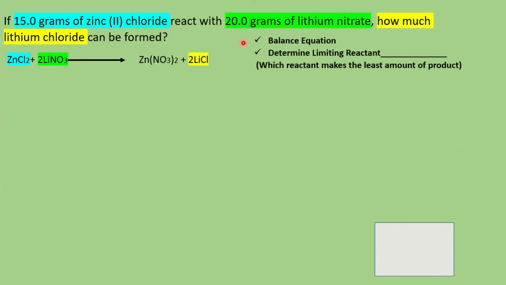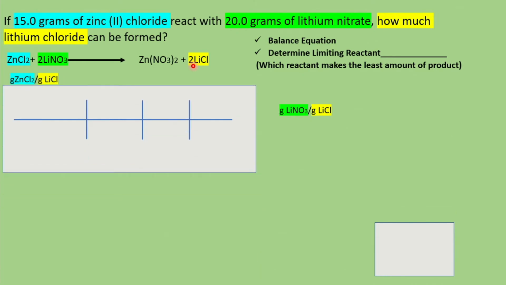So ultimately, we're going to be comparing our blue with our yellow, and we're going to be comparing our green with our yellow. So we'll compare our grams of zinc II chloride, seeing how many grams of lithium chloride we'll make. And then we're going to compare our grams of our lithium nitrate to determine how many grams of lithium chloride.